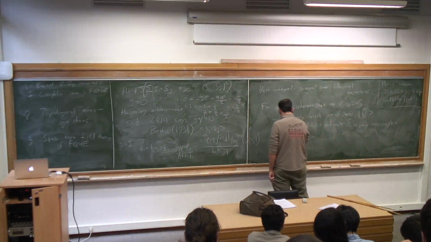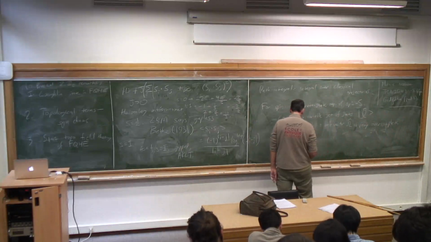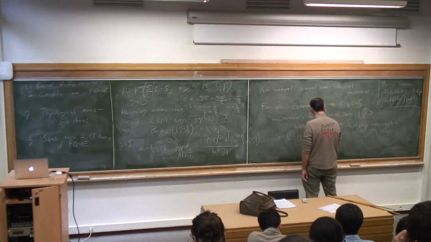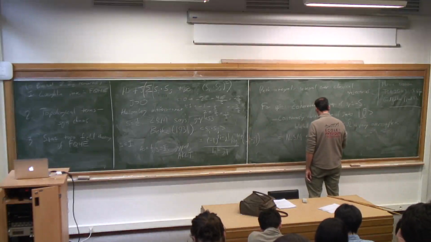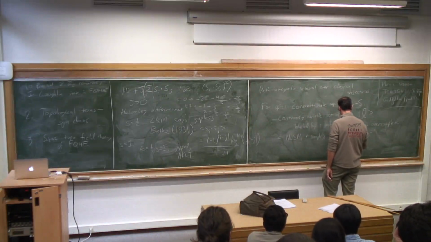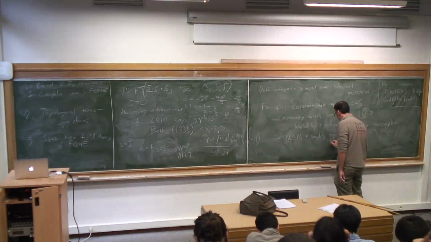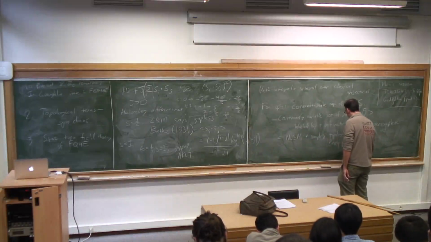So the theory is of the form nonlinear sigma model, which I'm going to define, plus the simplest kind of topological term, which comes from the spin Berry phase that we've already talked about, actually.